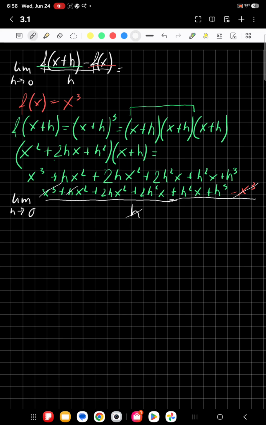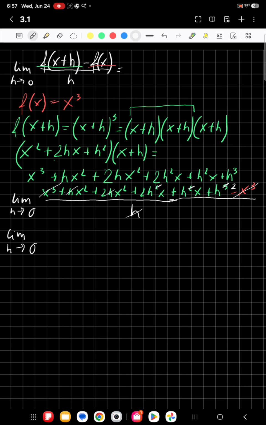So from each term I'm going to cancel one of those h's. So here, this will just become h, this also, just h, and this will become h square. Okay, so let's write down what we have. So limit with h approaching 0.